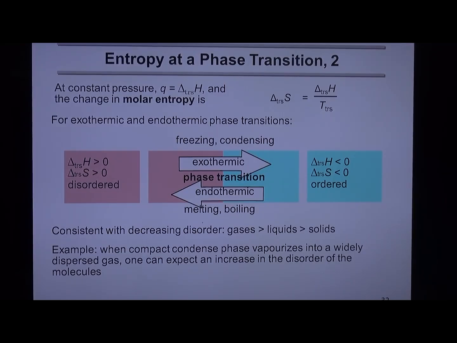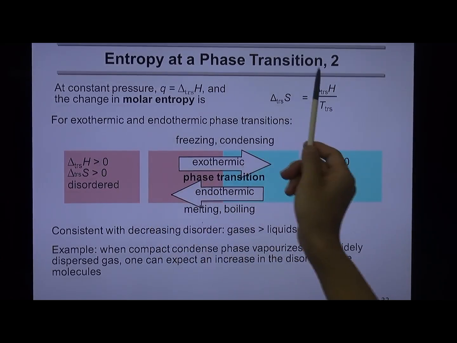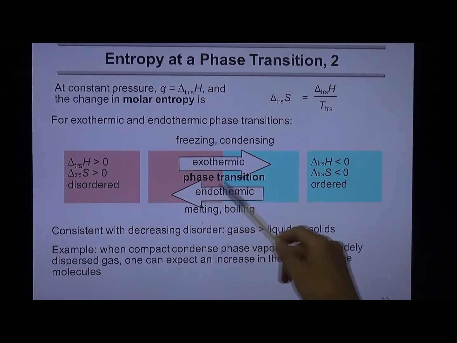So if you compare different types of phase transition, for example, melting or boiling, both of them are endothermic processes. So Q is positive, which means that delta H is positive, which means that delta S is also positive. Entropy increases when melting or boiling occur, right?